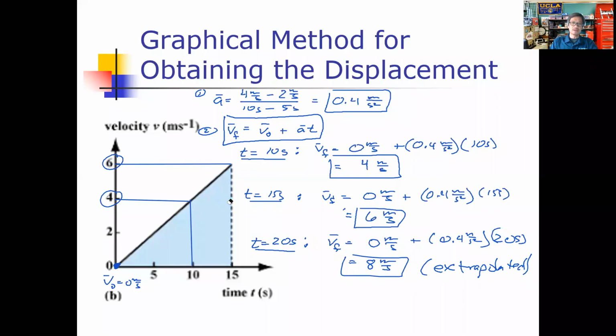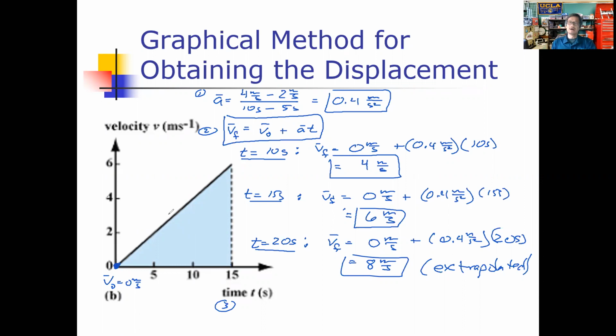What we want to be able to do is find the distance that the object travels here. Okay, so we want to find how far, the total displacement, that the object travels as it goes from 0 to 15 seconds, but it's changing its velocity as it does so. Okay, and so with constant velocity, that is, acceleration is 0, that was easy.